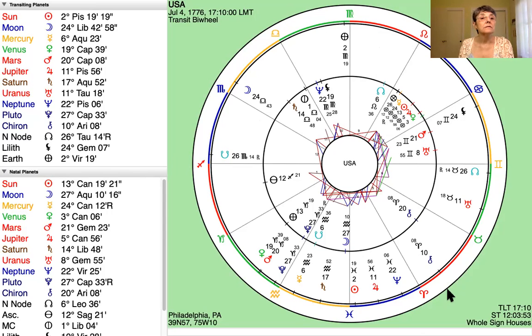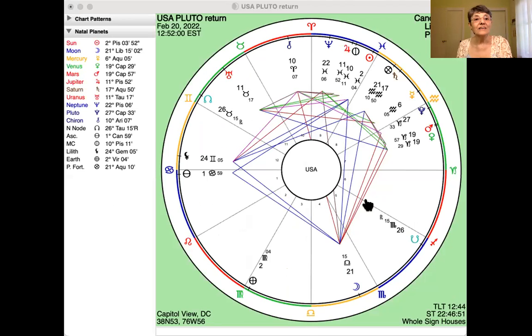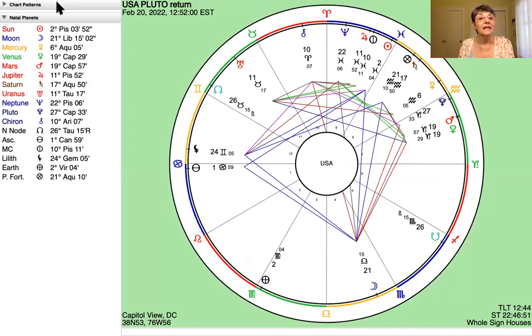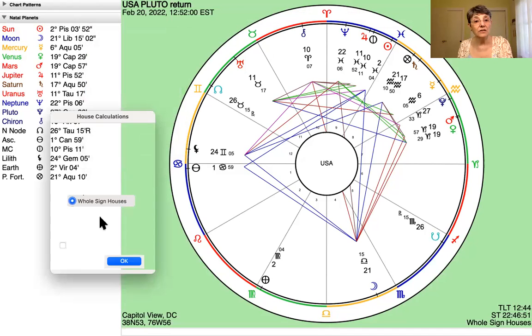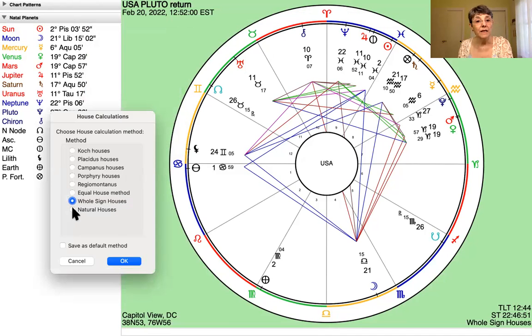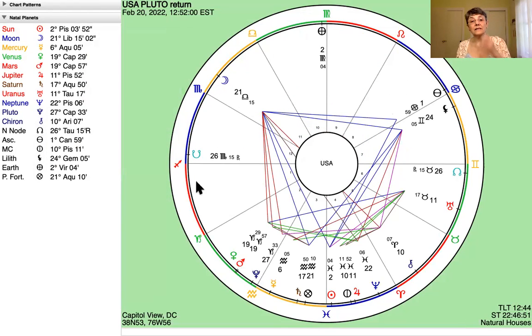Okay, so now I'm gonna do this one again, and I'm gonna change the house calculations, and I'm gonna put this with the ascendant in Sagittarius. So this one shows the aspects more clearly than the bi-wheel. So that's why I'm going to use this one.